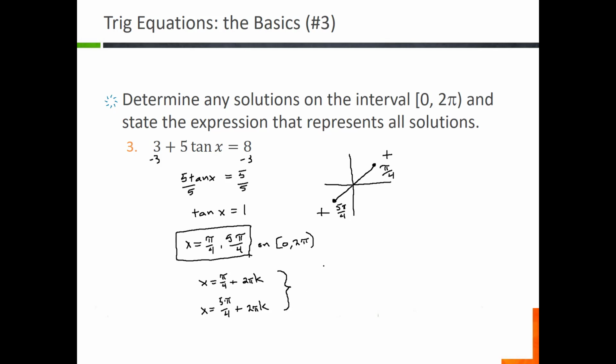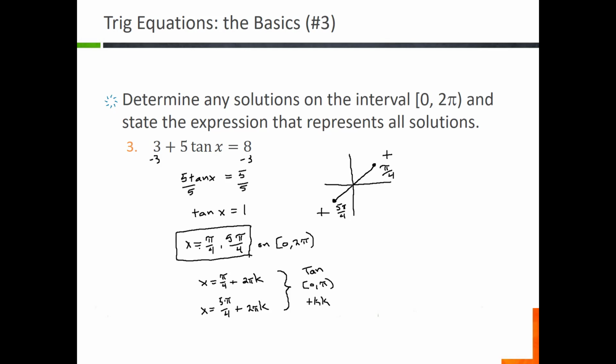Okay, and if you remember, with tangent, instead of adding a 2 pi k, there are actually 2 things I mentioned in that list of the process that we can follow, which we haven't talked about here. One is, when we talk about tangent, we only need to look at answers between 0 and pi. And then the second part is that we're only going to add a pi k. Okay?